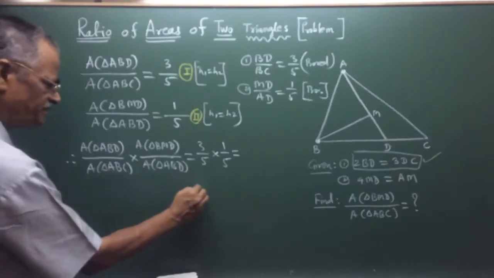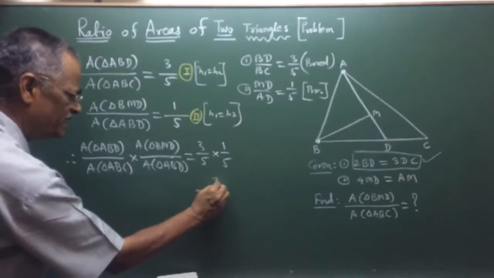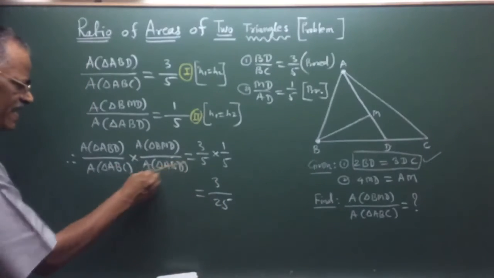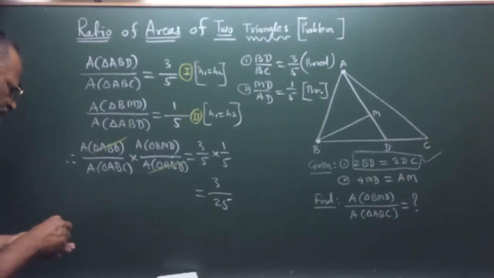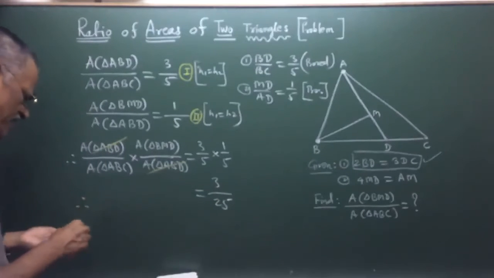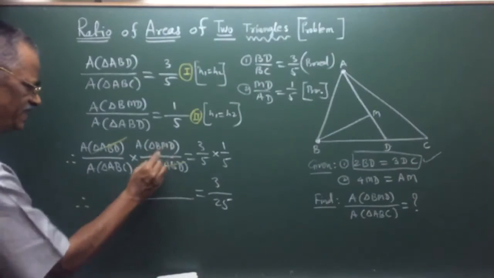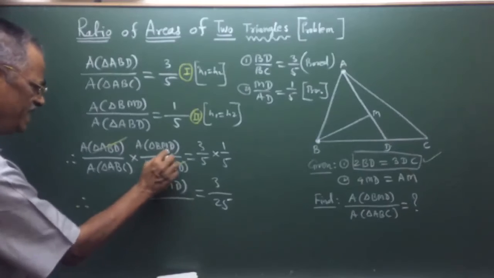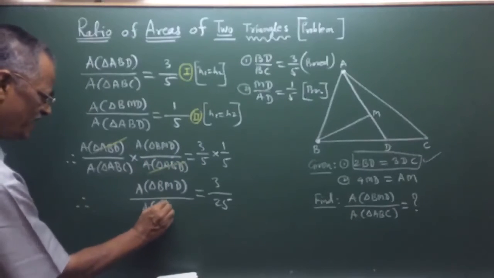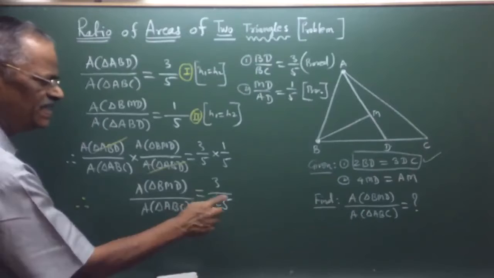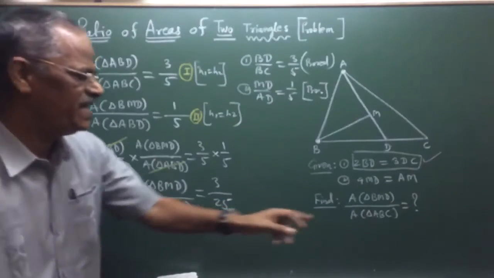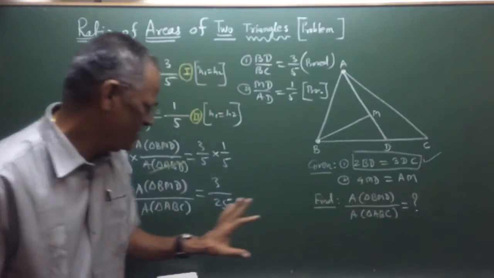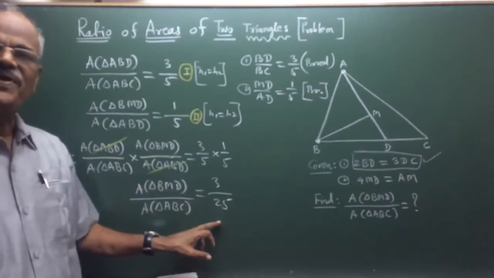That is equal to 3 upon 25. You can see that ABD and ABD cancel. So what is the final result? The left hand side is area of triangle BMD upon area of triangle ABC. And what was the question? Area of triangle BMD upon area of triangle ABC is equal to 3 upon 25.